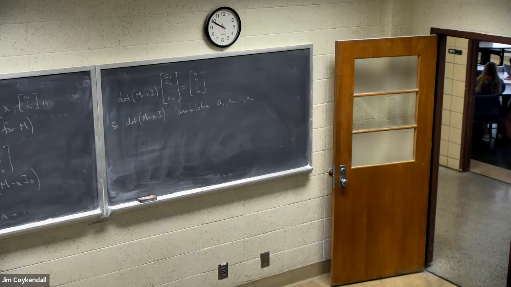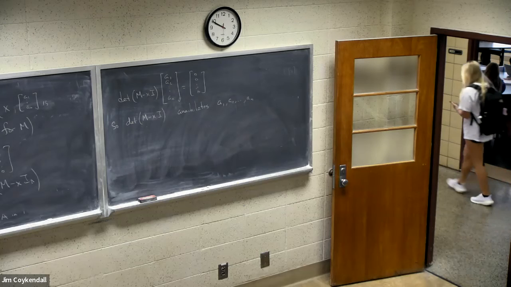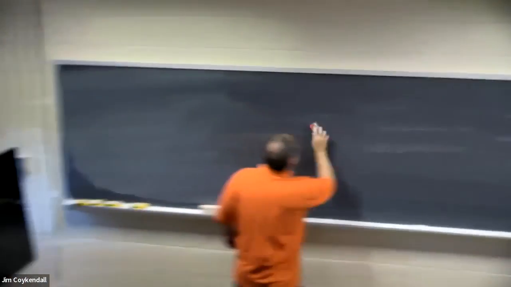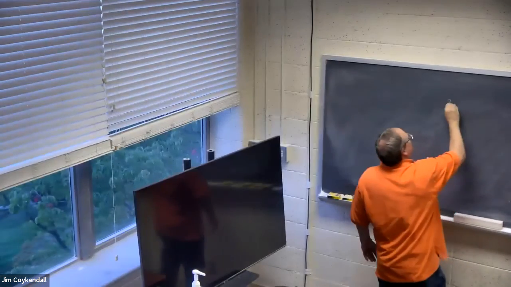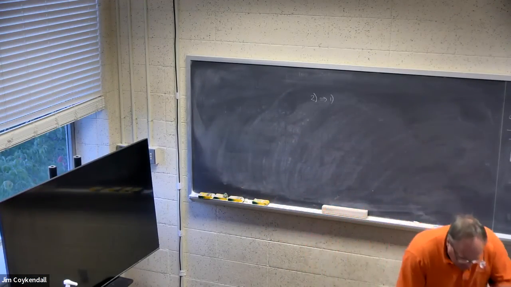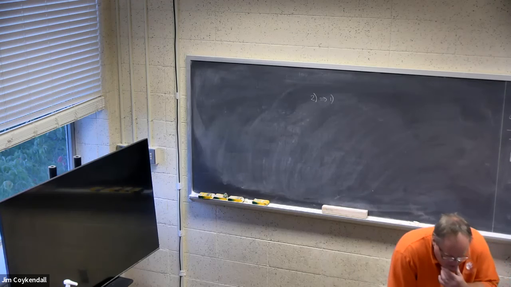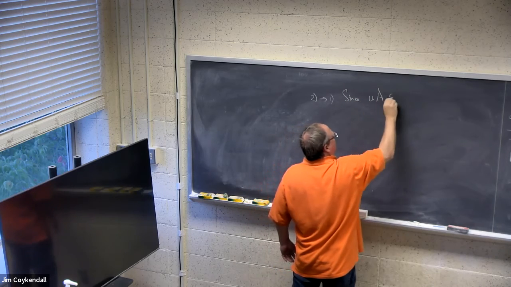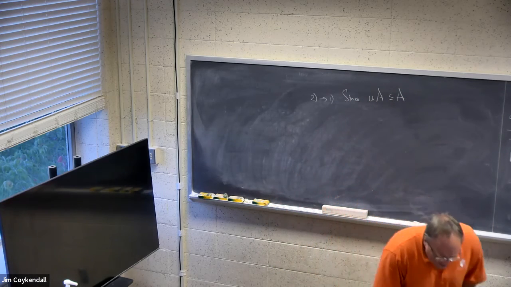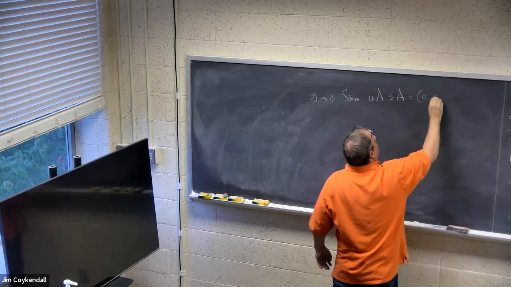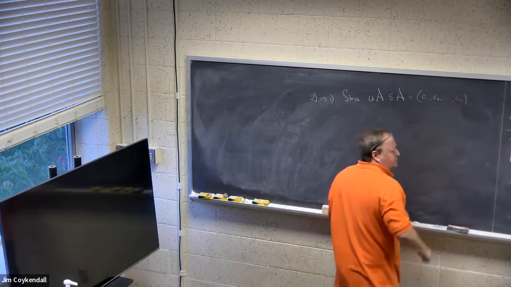So now let's get serious about the other direction. So let's do 2 and 1 here. And I really love this. For 2 implies 1, what we have is, since UA is in A, and again, I'm going to assume A is generated by a1, a2, ..., an.